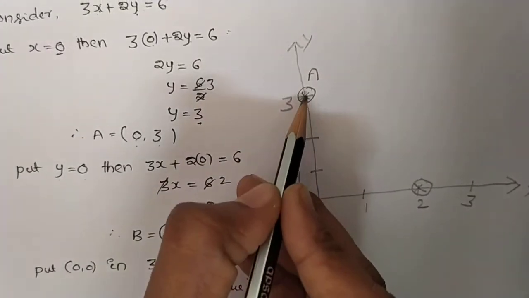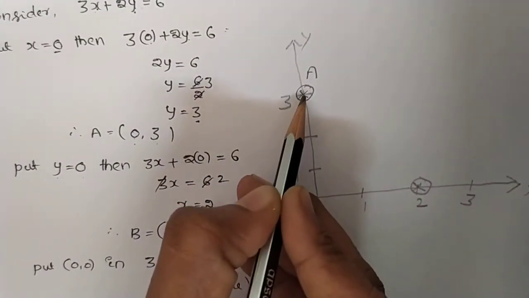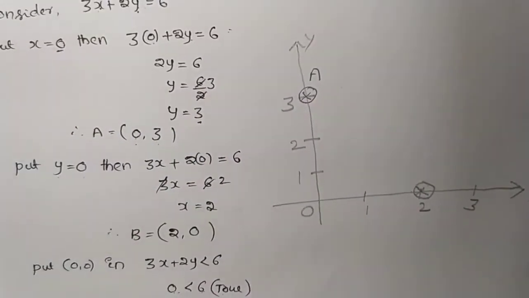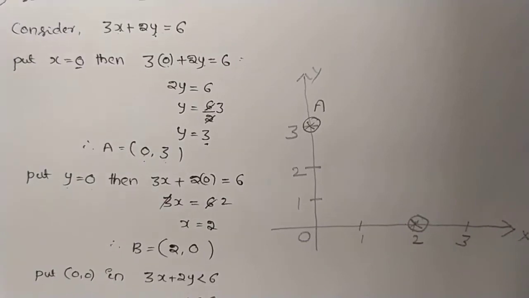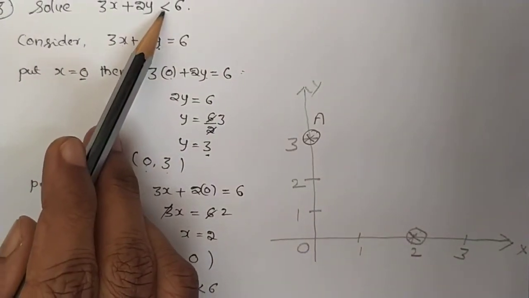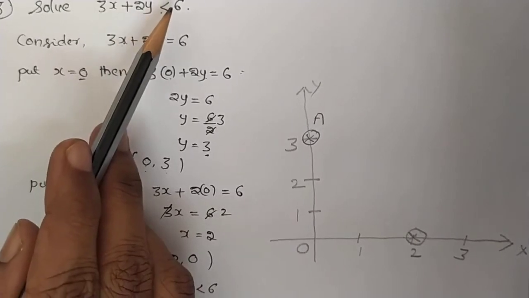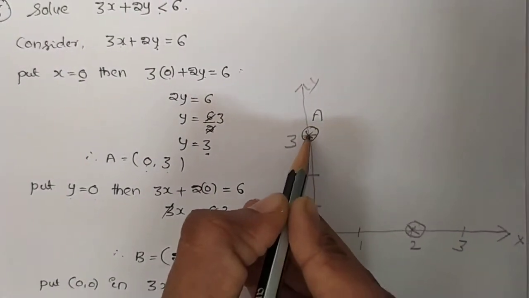Now join these two points by a dotted line, because I already told you in the last class that if the inequality is given as less than or greater than, then we have to draw the line by a dotted line only.